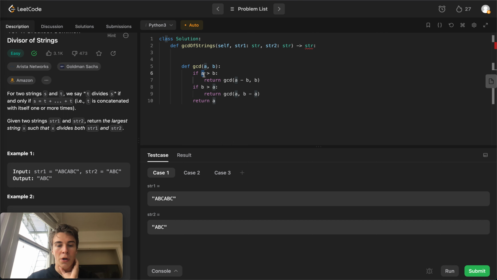So this would work, A and B, but here it's probably going to be messy to try to, for example, subtract string B from string A, because we need a lot of logic to make sure that the characters that we're subtracting are equal.